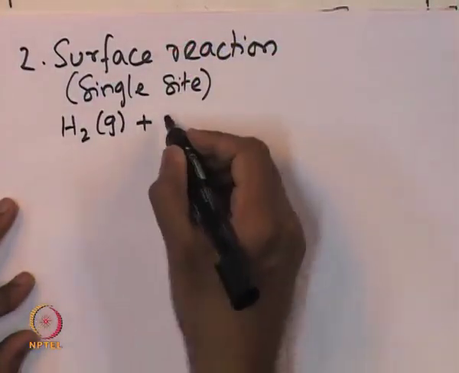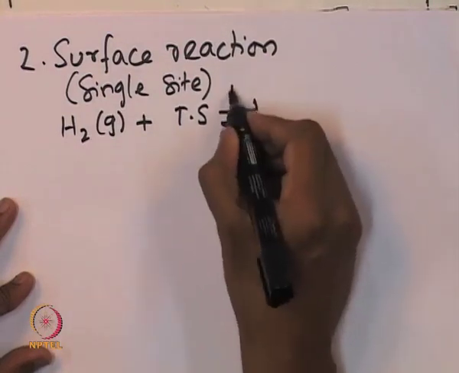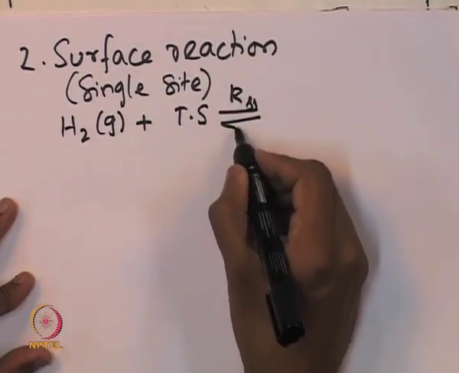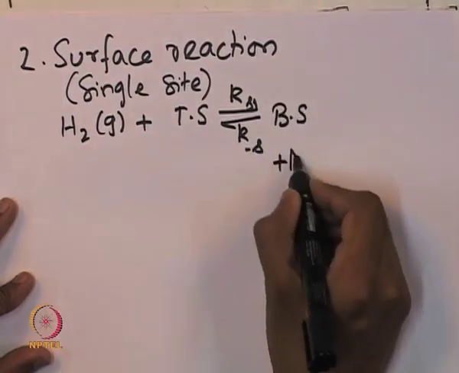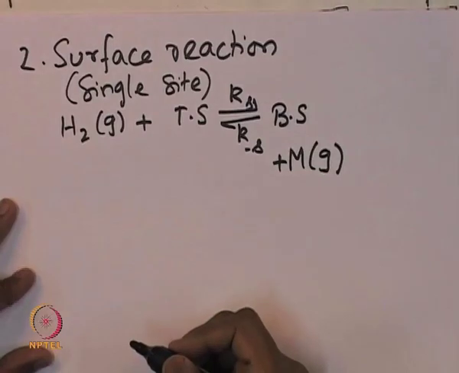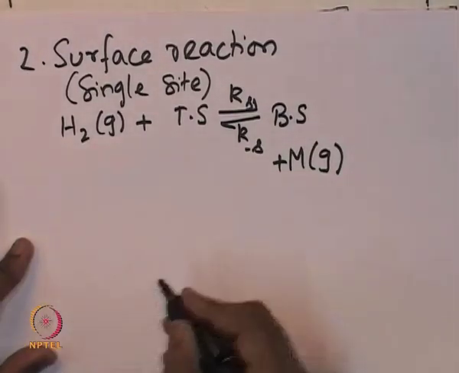So, we have hydrogen in the gas phase plus the toluene adsorbed onto the surface reacting with each other, leading to the formation of benzene and methane in the gas phase. Now we can capture the rate at which this reaction occurs.